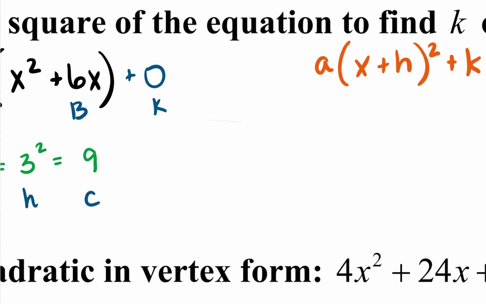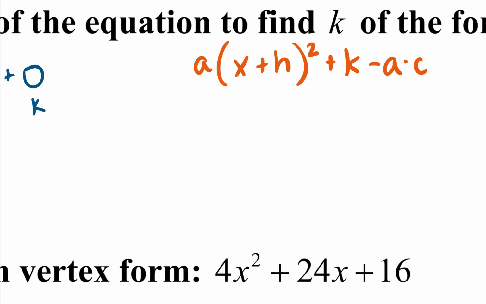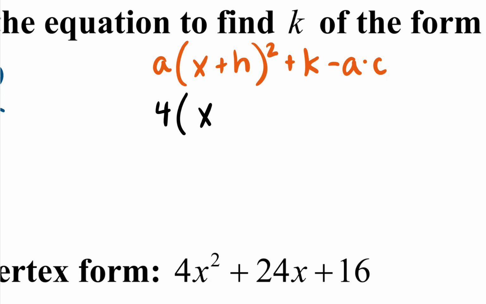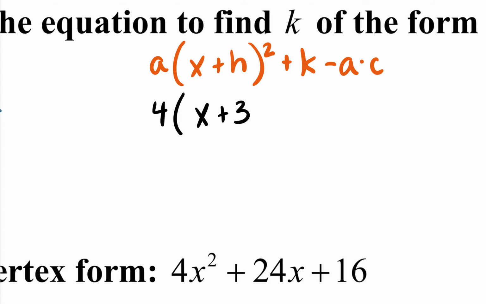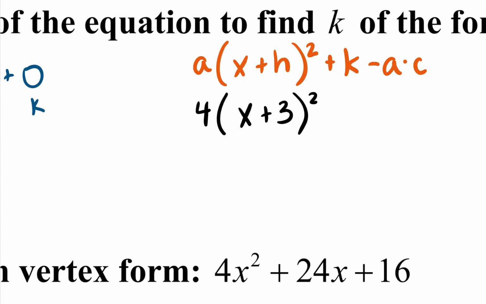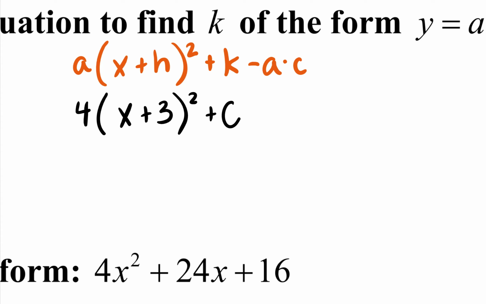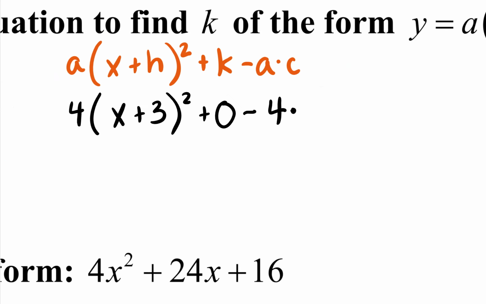So A, let's go back. A is 4, so I have 4 parentheses, x, let's see, H is 3, so plus 3 squared. Our K, remember, was 0 because I don't have one. Or I do, it's just a 0, so you don't write it. And then minus A, again A is 4, times C, and our C was 9.